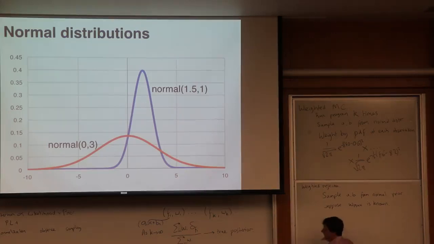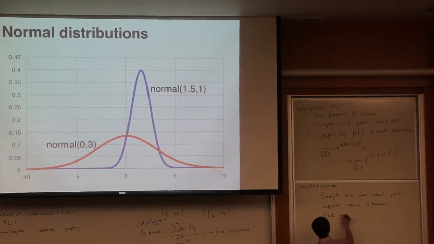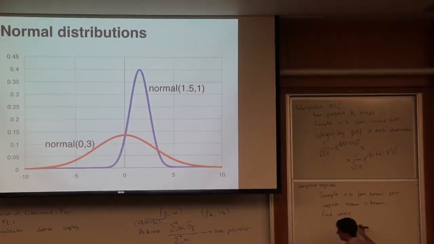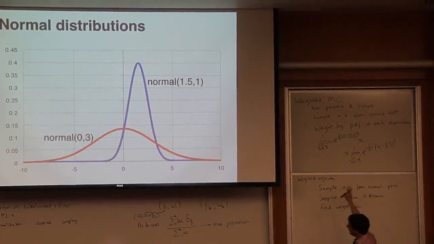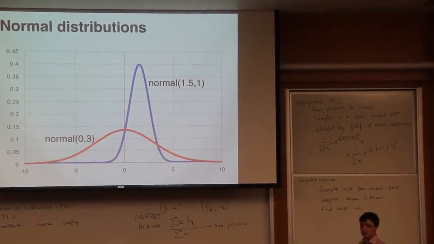Now, I figure out my score. So, find the weight of this run, which is what I was calling W_i. I do that by calculating the likelihood, the density function, at the observation points.